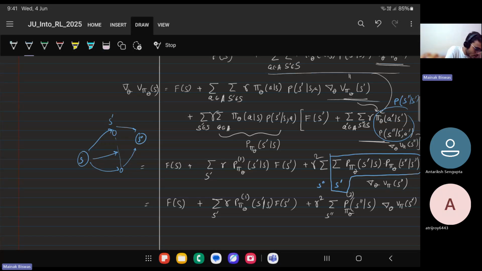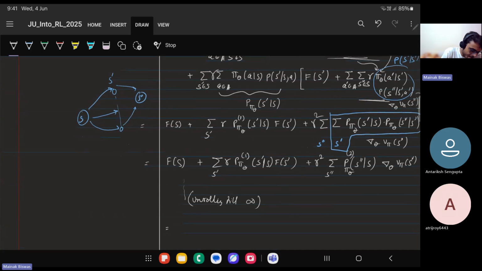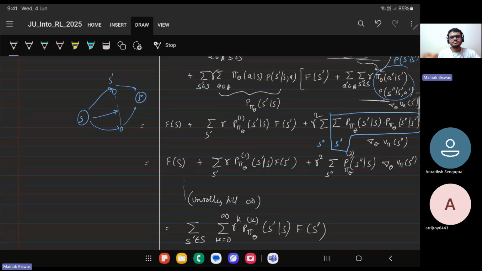Very good. So now, if I go on unrolling till infinity, what can I write? I can write this as summation of S dash belongs to S, k equal to 0 to infinity, P pi theta in k steps, S dash given S, gamma to the power k, f of S dash, isn't it?